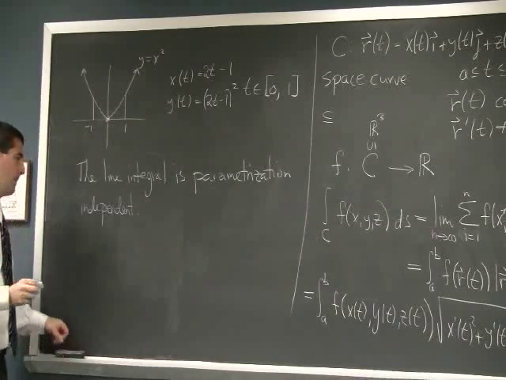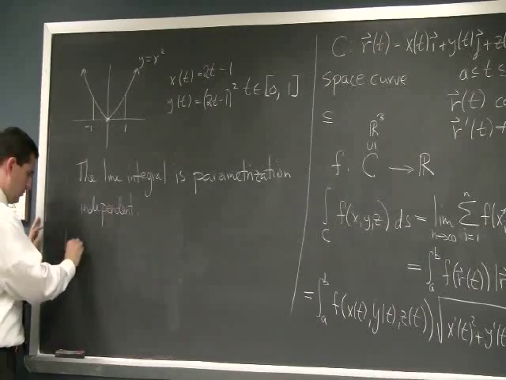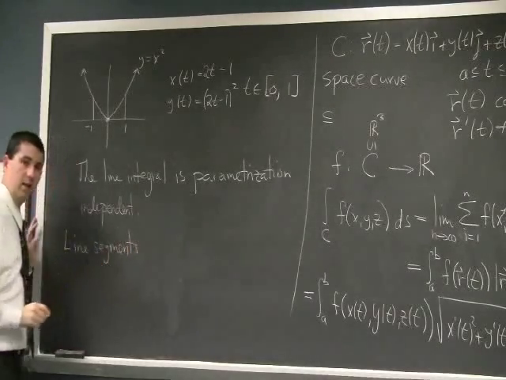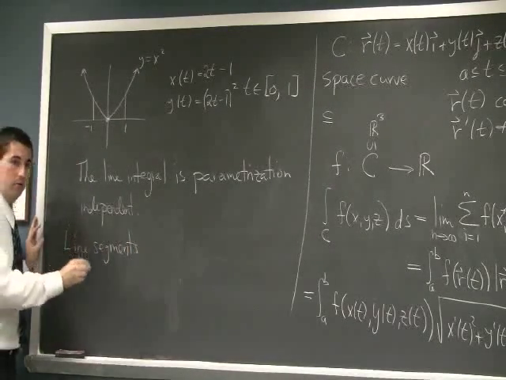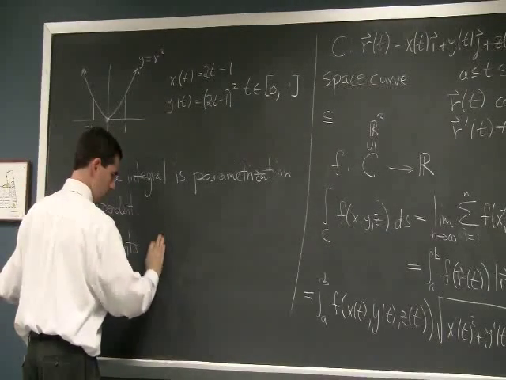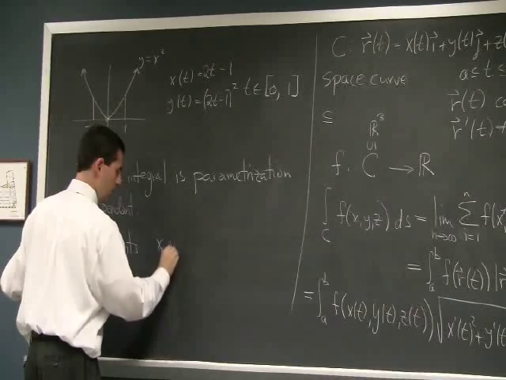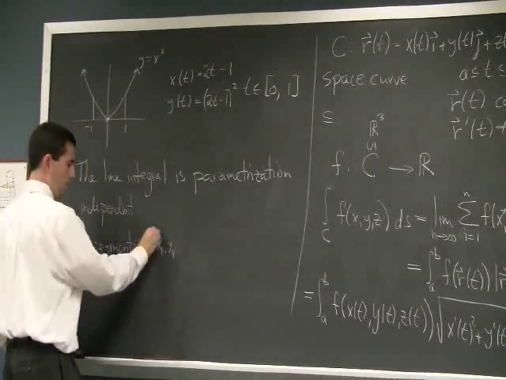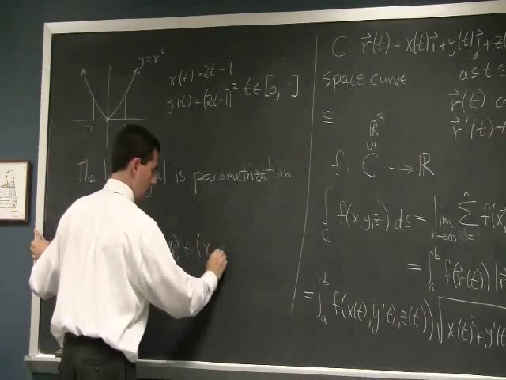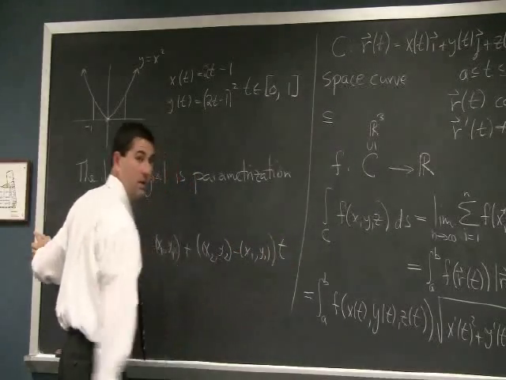So, the things that are very easy to find parameterizations for: line segments. Let's say x1, y1. You take the initial point plus the terminal point minus the initial point times t.